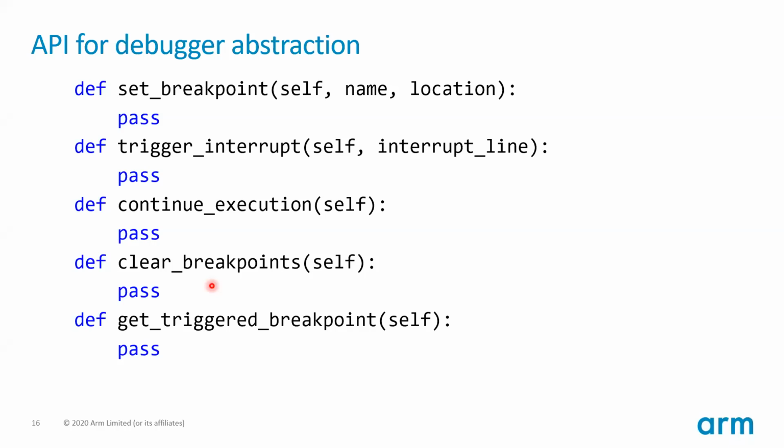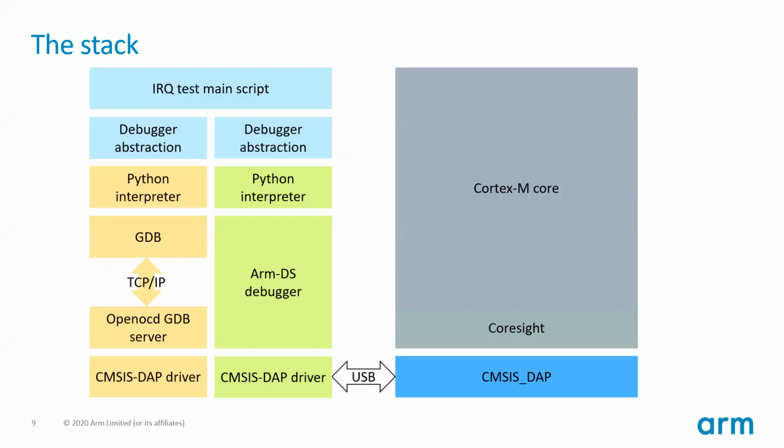Great. I might have missed it, but what were the 2 debuggers that you used? The physical debuggers? For the demonstration here I used an FVP, but that is a platform, and the question was about the debugger.